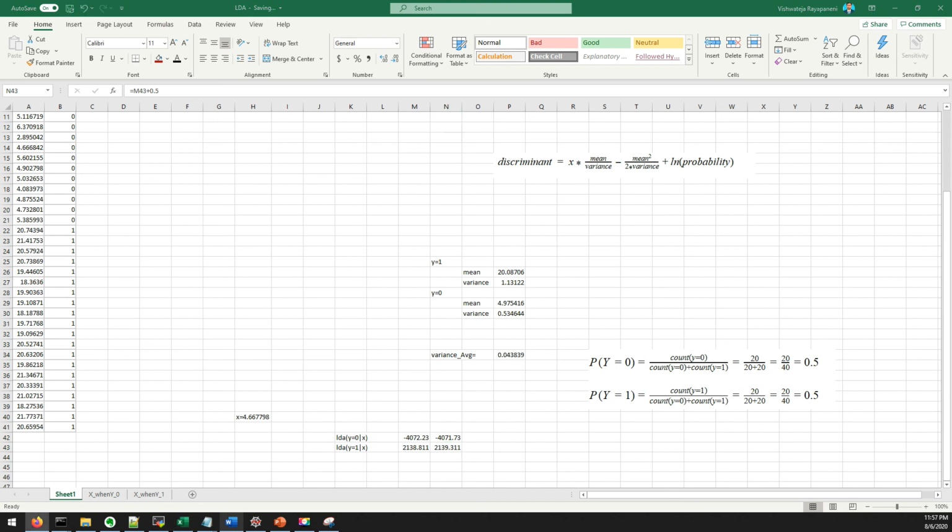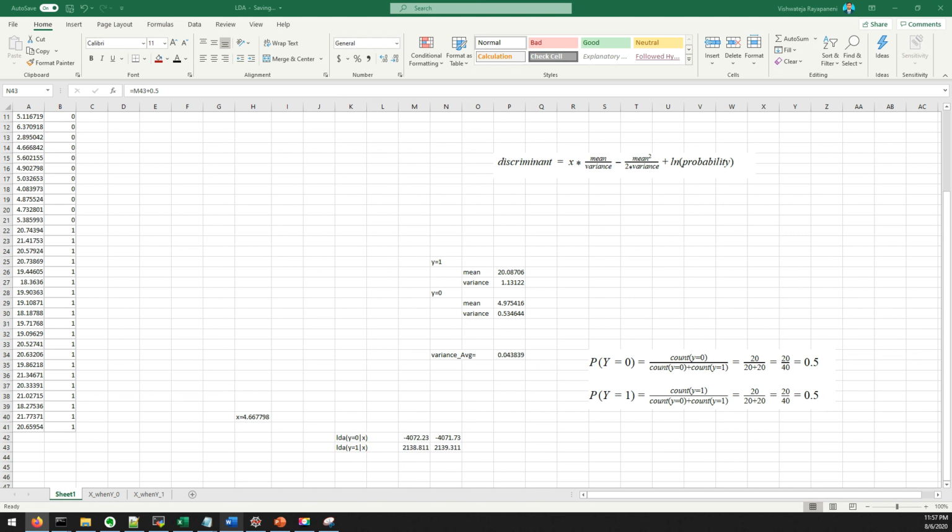So this is how linear discriminant analysis works, right? So let's say we have multiple variables. Now I have only one variable, which is x, so we need to calculate the same properties like the mean and the variance. So let's say if I have x and x1 as my input variables, then we need to find the variance matrix.